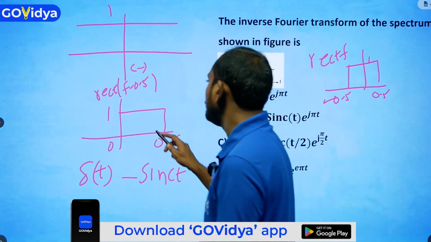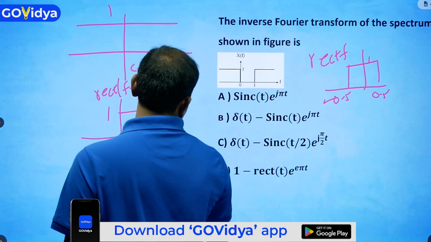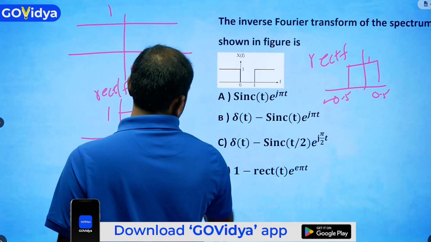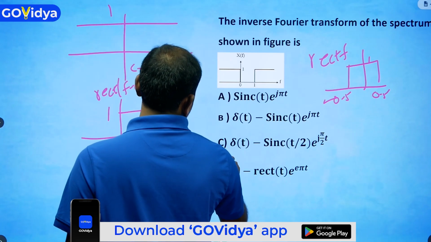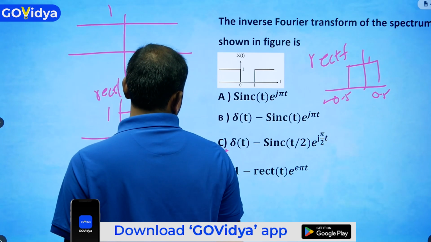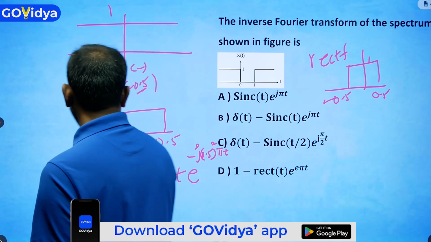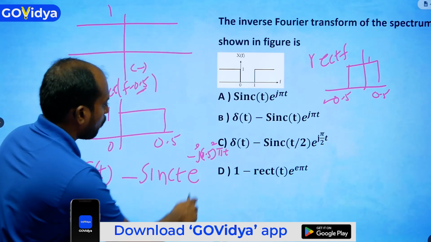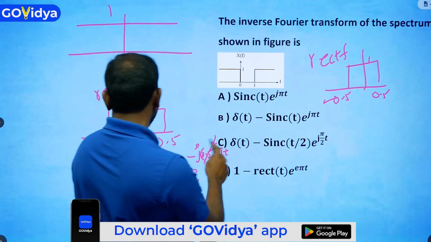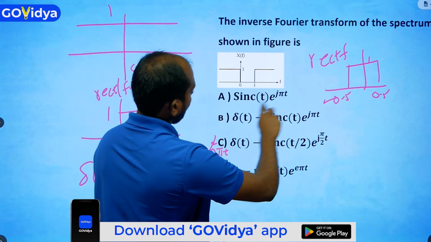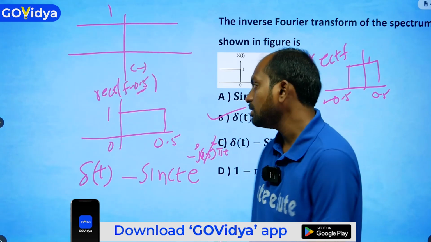Sinc t, shifted by 0.5 in frequency, will be multiplied by the exponential e power minus j 0.5 into 2 pi t. See this, 0.5 into 2 cancel each other, giving e power j pi t. So we get delta of t minus sinc t e power j pi t. So option B is the correct answer. Okay.